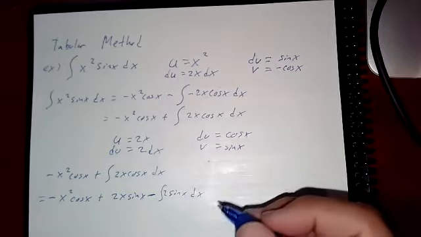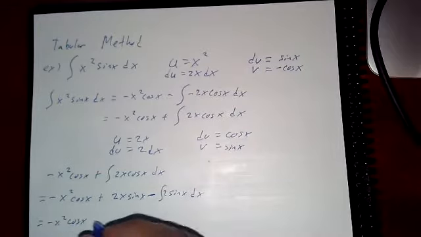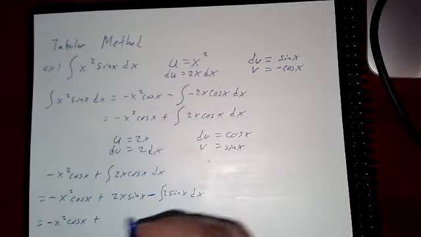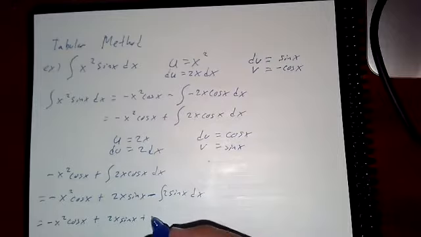Now we can integrate that, no problem, right? So this will be negative x squared cosine x plus 2x sine x minus the integral of sine, which will be negative cosine, so plus 2 cosine x plus c.